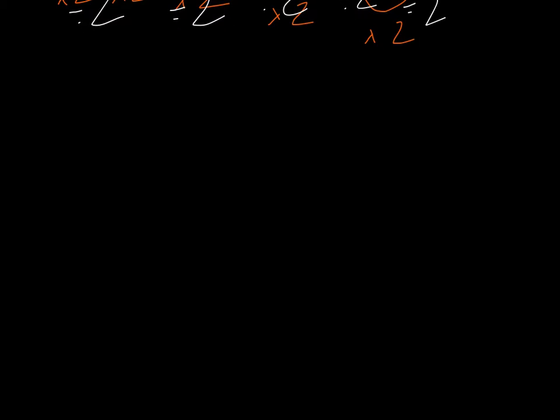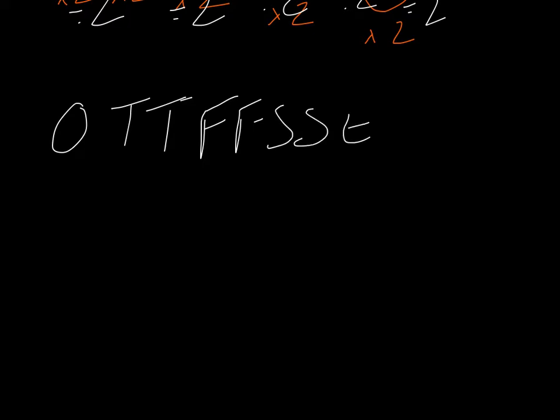Number 3 might be a little trickier. Not too bad. We've got O, T, T, F, F, S, S, E, N, blank, blank. You might be thinking that this is some kind of crazy code, but it's really not too bad.